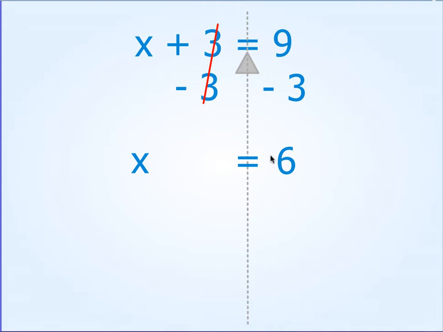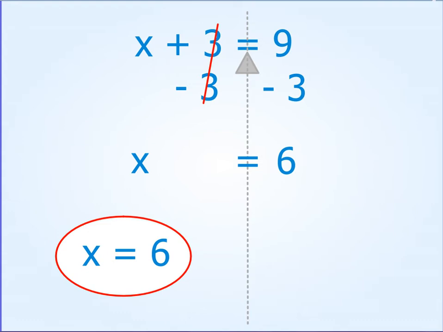X equals 6 is what we call our solution because I just isolated the variable and also in the process found my missing value. When you looked at that, didn't 6 pop into your mind? 6 plus 3 equals 9? Of course. We already knew that our missing value was going to be 6. We're just looking at the formal process so that when we get to more complicated equations, this is going to make it easier.